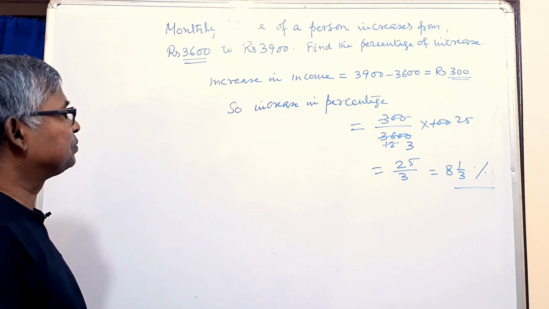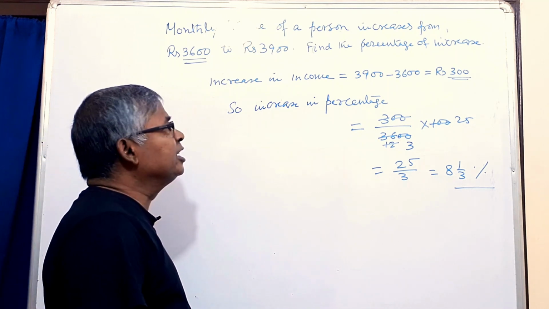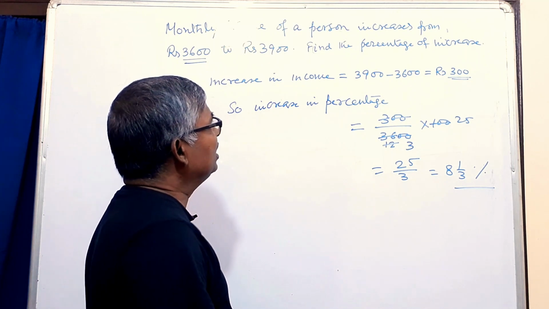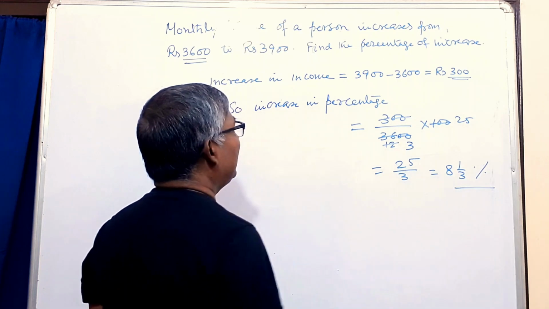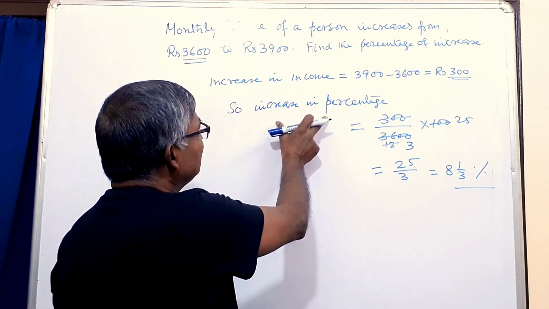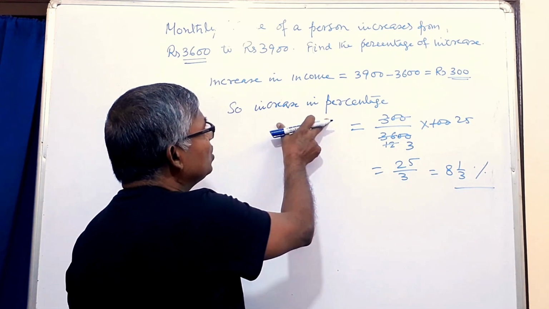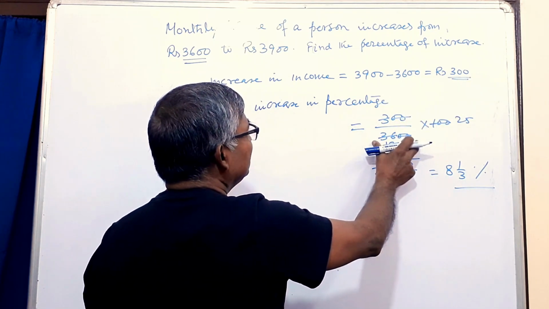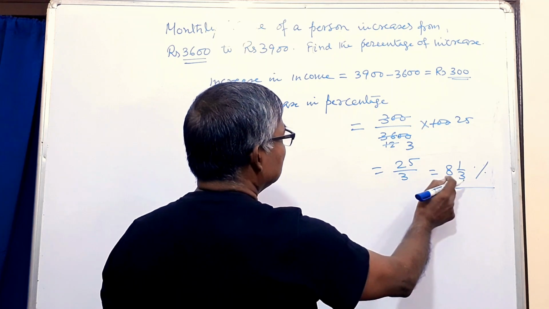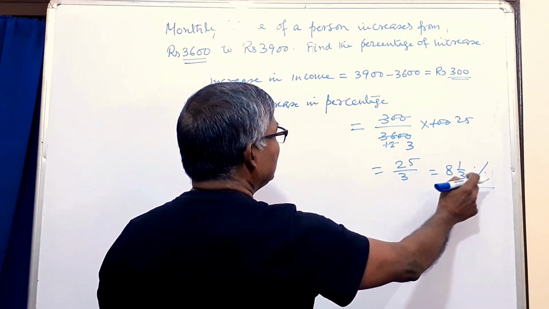Students, whenever any increment is made, you just calculate the amount of increment, and to get the percentage increase, it equals amount of increment by initial salary into 100. So it is 8 whole 1 by 3%.